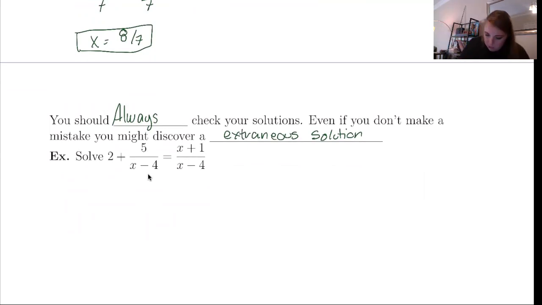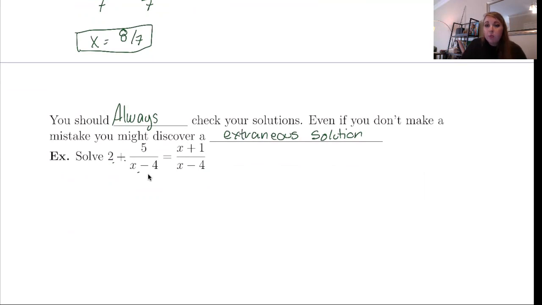Okay, so I want to solve 2 plus 5 divided by x minus 4 equal to x plus 1 divided by x minus 4. Everything has x minus 4 in the denominator except for 2, but that's fine.